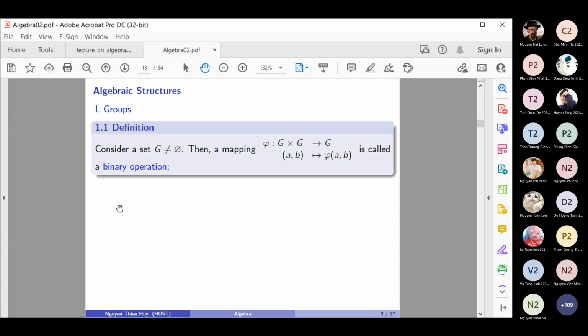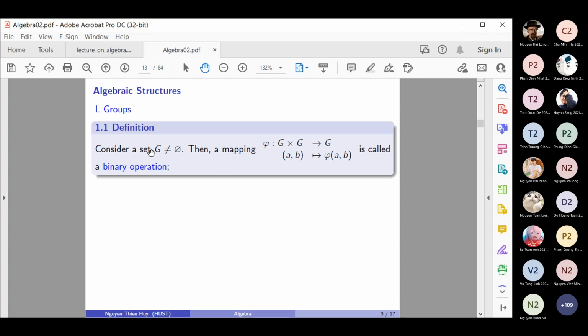And last week we learned about composition. Actually, composition you already knew in high school, but we have a more general notion which can generalize all such operations, and this is called a binary operation. So I define it as follows.